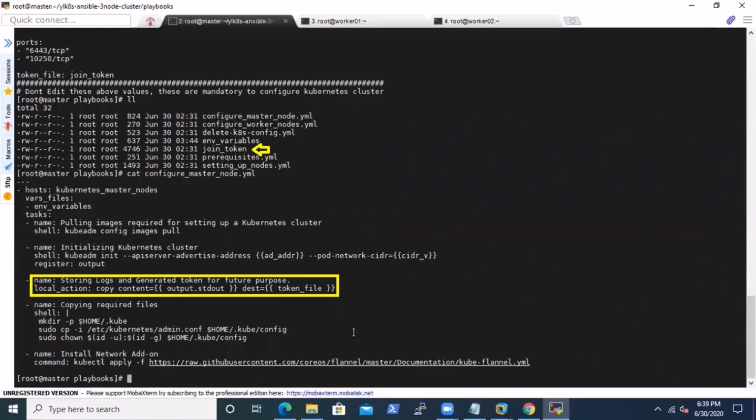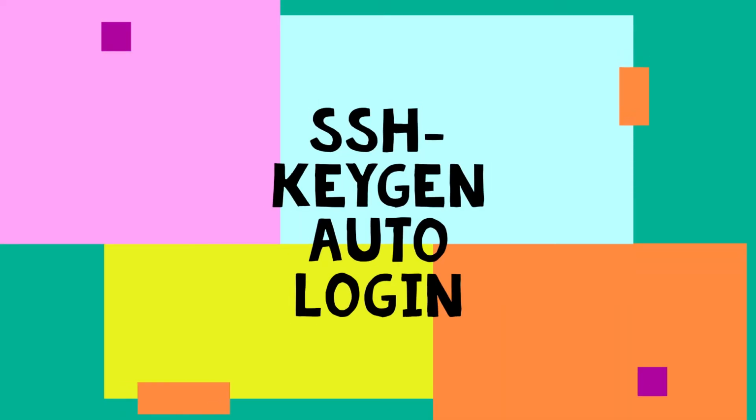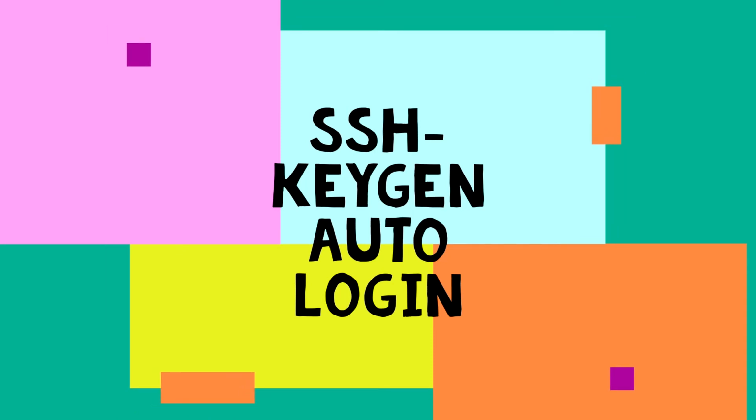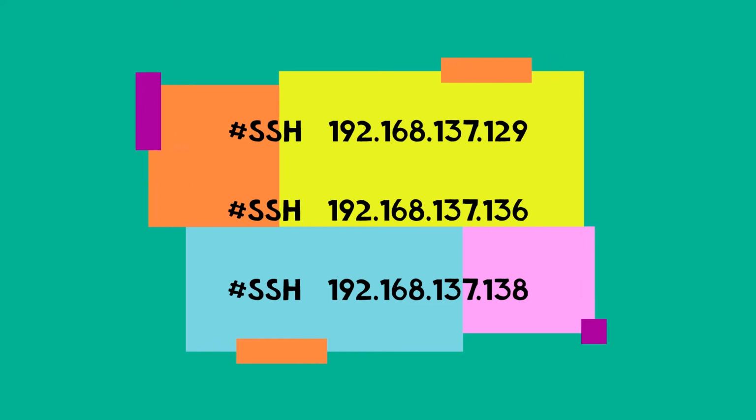You can see there is a worker join file as well. We could have run this file now, but before that we need a mechanism which will auto login, meaning sitting on the master we can auto log into all the nodes to run these YML files in my Ansible playbook.